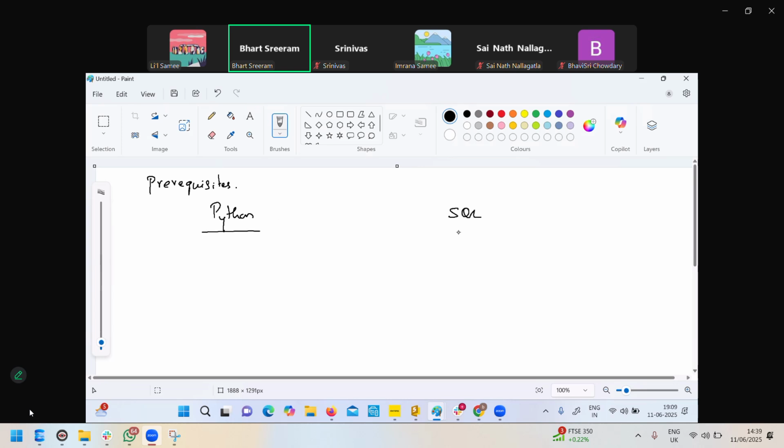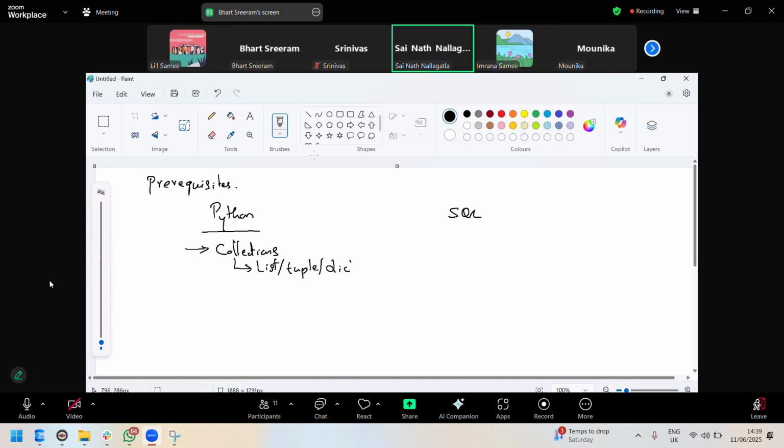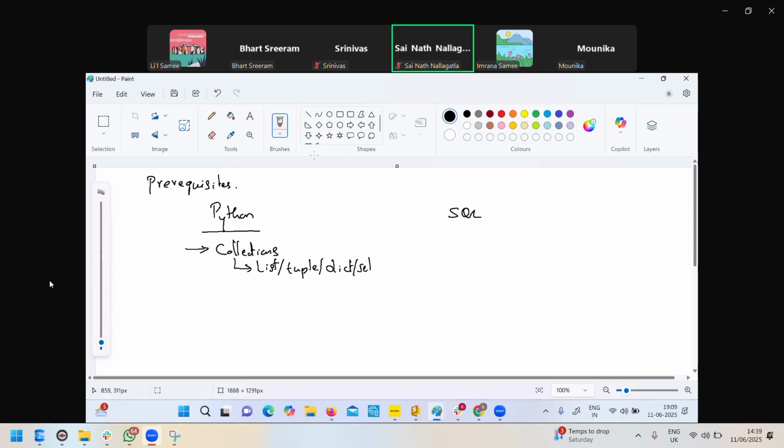Within Python, I don't want complete Python, very simple. Once you know collections. What are the collection types here? List, tuple, set, dictionary.